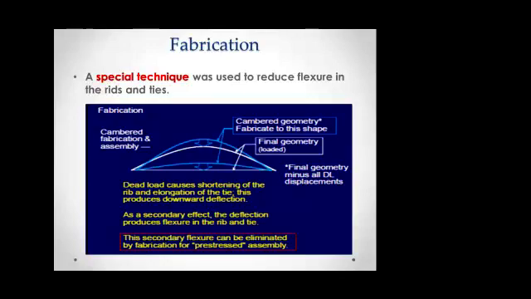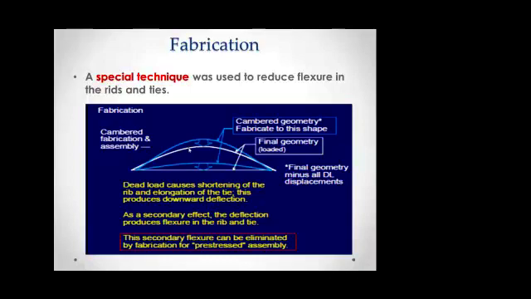So here what they are telling now is that a special technique was used to reduce the flexure in the ribs and the tie. The concept is camber. The camber is a geometry such that during the fabrication itself there will be a rise in the structure. We know what the load is, and if the load is applied, it will come back into the original position.